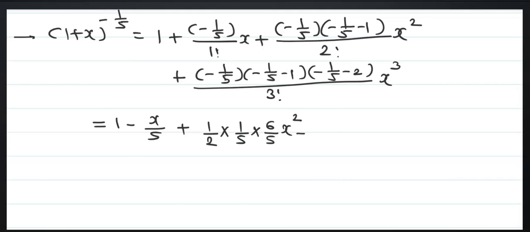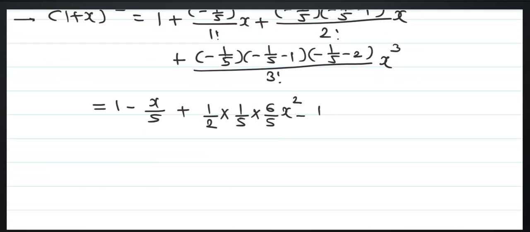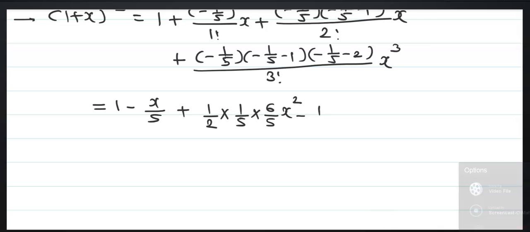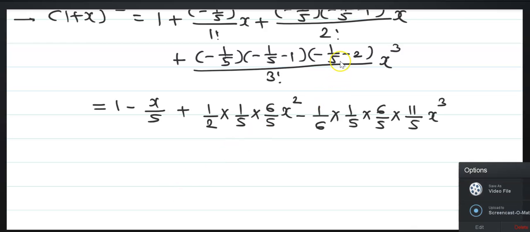Now the next is minus 1 by 5, minus and again minus, that is 3 times minus, therefore overall you will get a minus sign here. Therefore here is 1 upon 5, next is into 6 by 5 and 11 by 5.